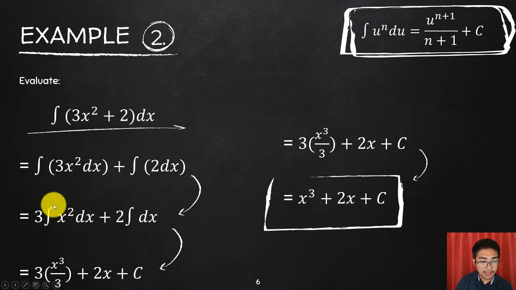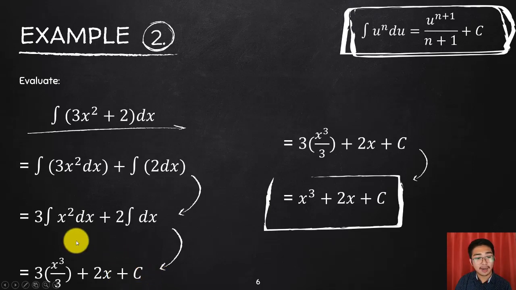So the integral of this is now x cubed over 3 multiplied by the factored out 3 a while ago. And of course, the integral of dx, right? By the first general property of integration, the integral of du is u. Therefore, the integral of dx is x. So this becomes 2, the factored out 2, multiplied by x. And of course, don't forget the constant of integration, plus c.